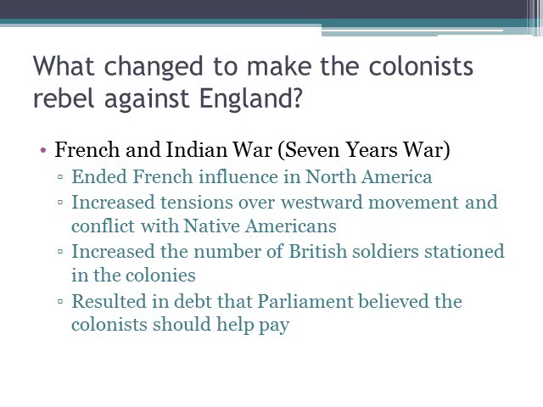This war really ended French influence in North America, and it increased tensions between the colonists and the British once the war was over, because the colonists felt freer to move west. They were coming into more conflict with Native American tribes. The war also increased the number of British soldiers who were stationed in the colonies, and this caused a number of conflicts. And the war resulted in debt that the Parliament believed the colonists should help pay.